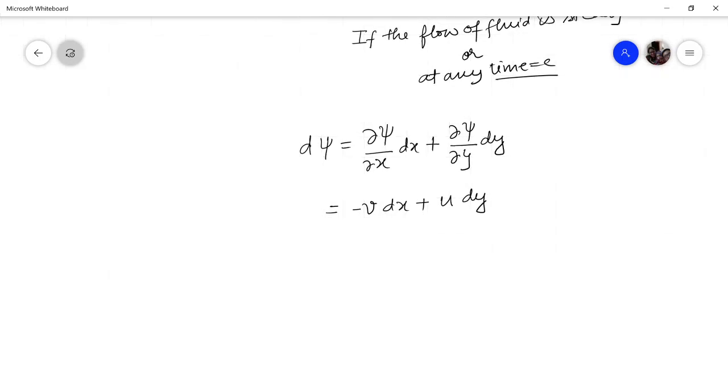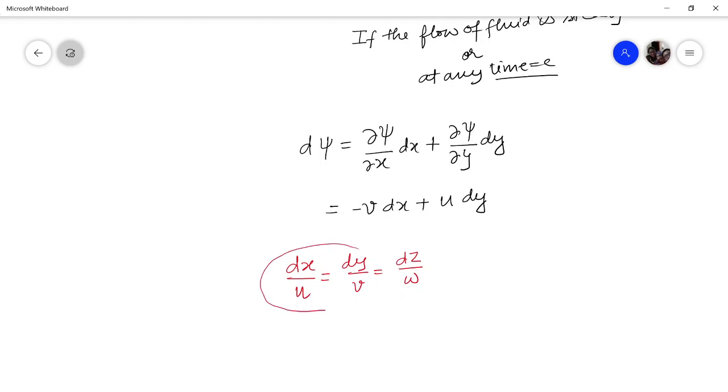In one of my previous lectures, I have told you that the equation of a streamline is given as dx by u equals dy by v equals dz by w.